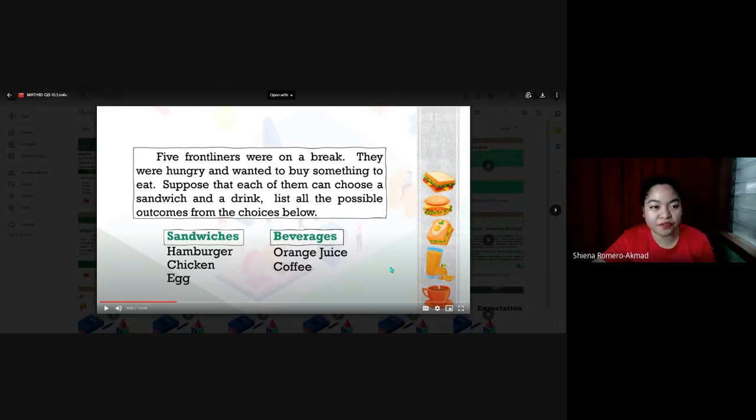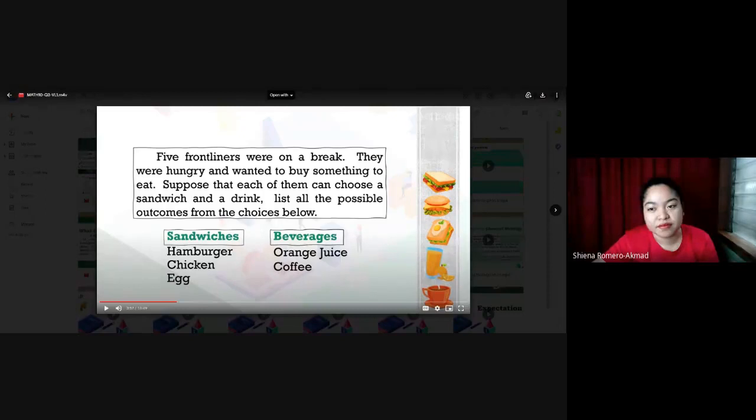So kung as a frontliner, gutom ka, of course, isa sa sandwich at isa sa beverage. So how many possible outcomes kaya yung pwedeng pagpilian ng mga frontliners na to? They're going to choose one from the sandwiches and one from the beverages.